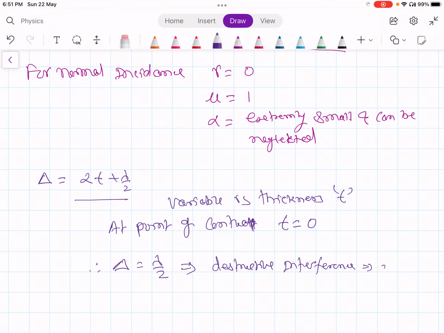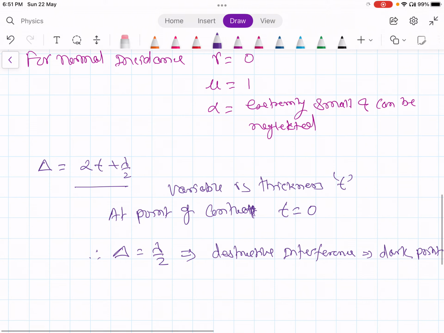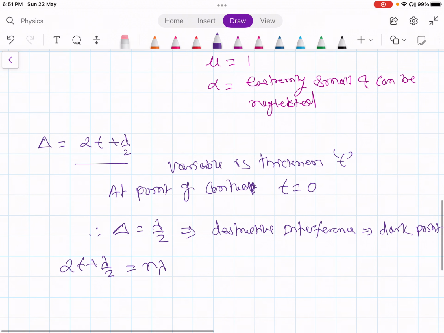That is, you will get the dark point at the center, at the point of contact. Then, when 2t plus lambda by 2 is equal to n lambda, this is the condition for constructive interference.